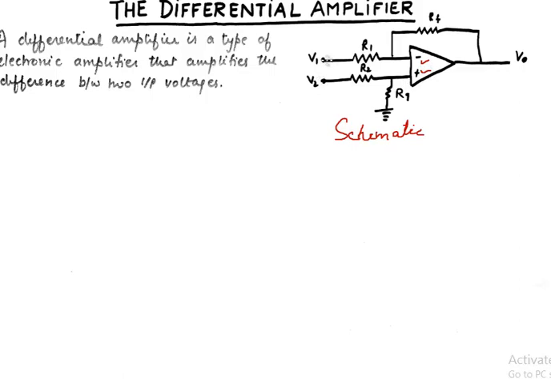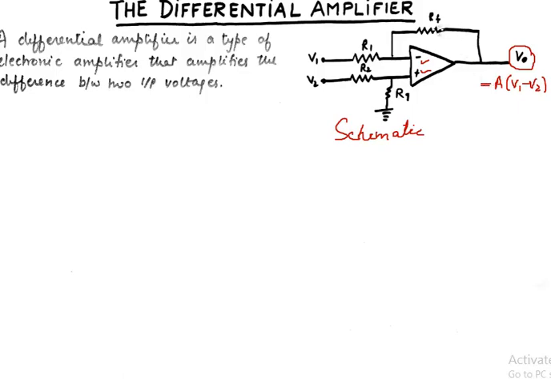Two inputs are given, V1 and V2, and output V0 is given by A into V1 minus V2. So the output is basically the difference between the two input voltages, and of course multiplied by the amplification factor.